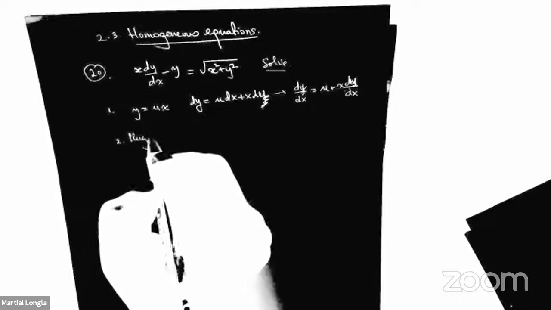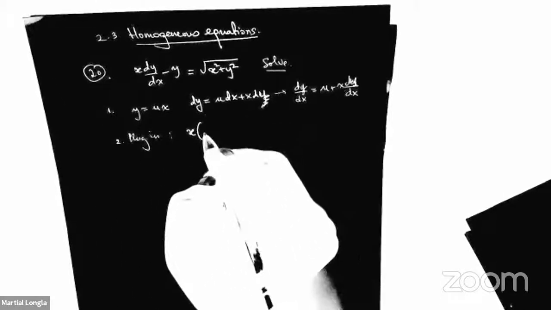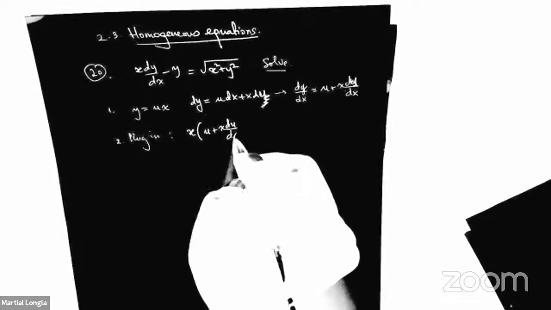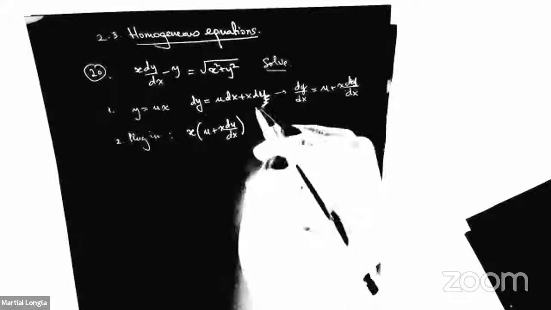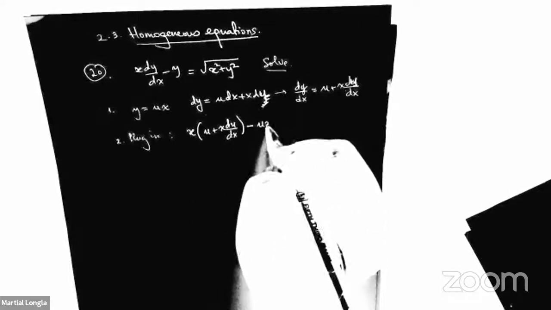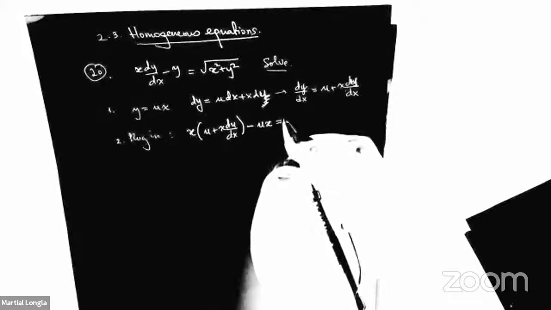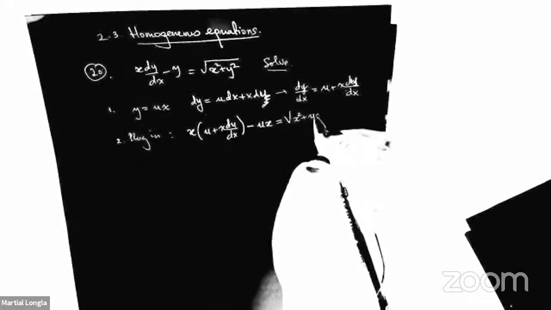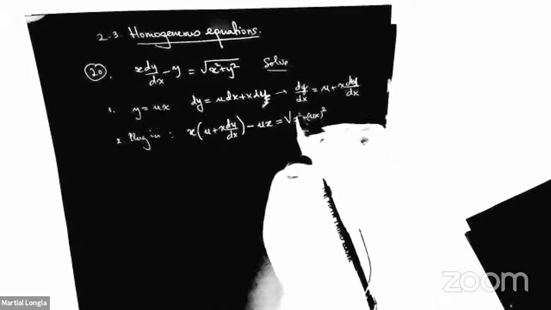So now you plug in. You get x times dy over dx, which is u plus x du over dx, minus y, that's ux, equals the square root of x squared plus u x squared.